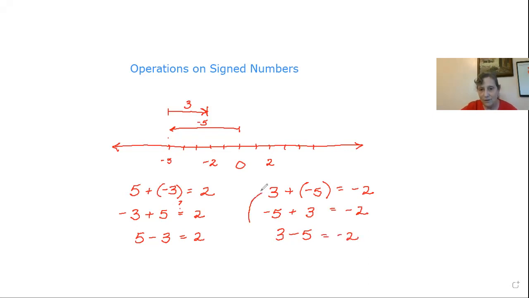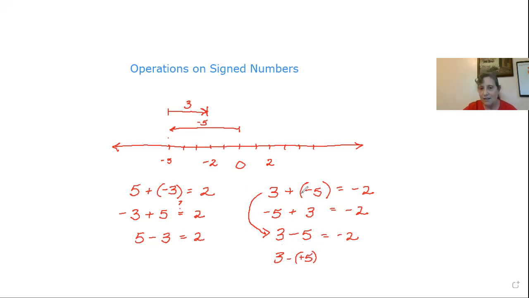So notice that once again, we could write this as 3 minus positive 5, but we don't need to. 3 minus 5 is the same thing as 3 minus a positive 5. It's the same thing as 3 plus a negative 5.